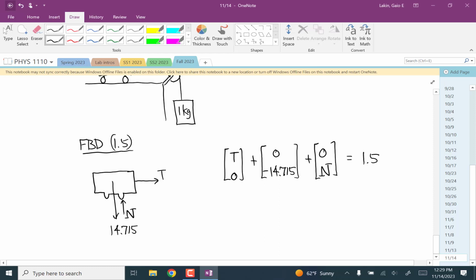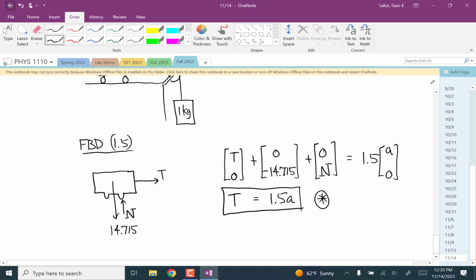And we're just going to call a positive along whatever axis it's moving along. This is moving along x, so we'll just call this <a, 0>. And we only care about acceleration, so I'm only going to keep the equation that says T is equal to 1.5a. And I'll set that aside. We can't solve that because it's two variables.